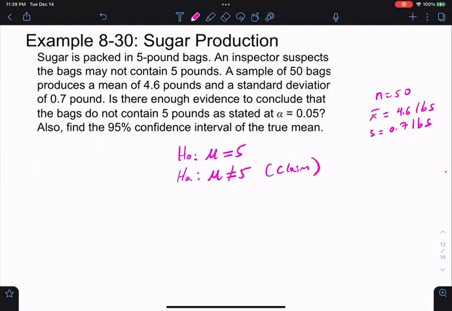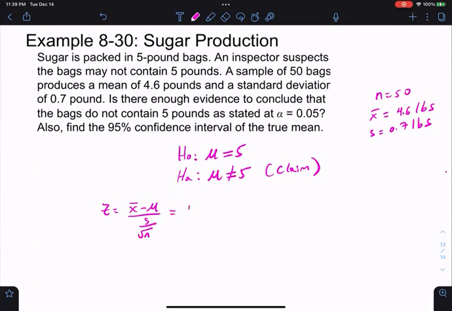So we can do a z test here. So this is x-bar minus mu over sigma over square root of n, right? We're going to use the sample standard deviation in this case because we don't have the population standard deviation here.